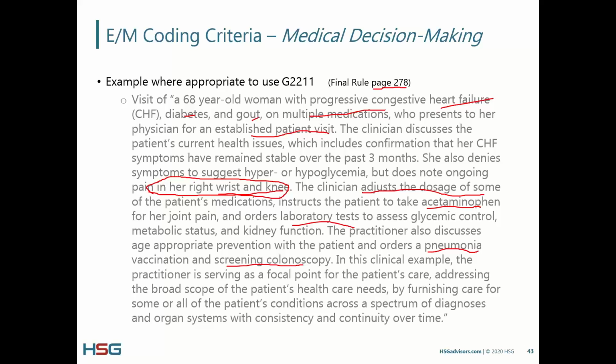So it's easier to get to these things, but you're addressing all of these things, right? And so you're looking at all of the patient's conditions across the spectrum of diagnoses and systems, with consistency and continuity over time. So for all that, you could use the G2211 code in addition to the E&M code for the visit.